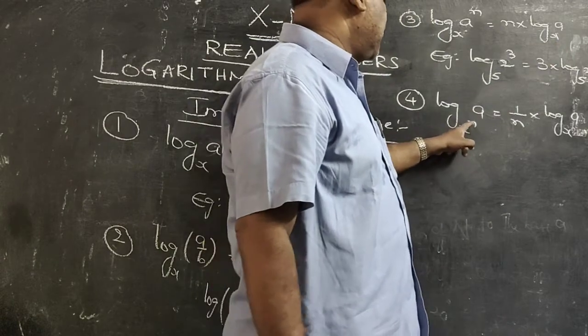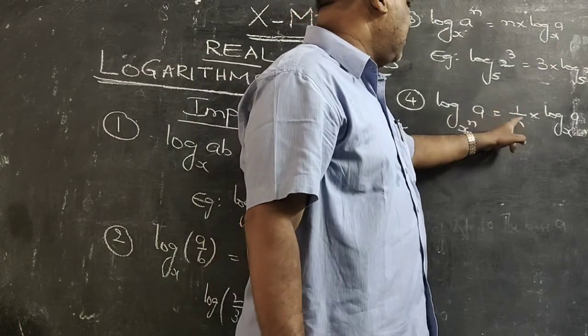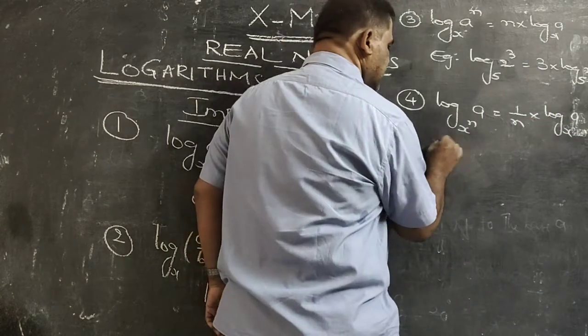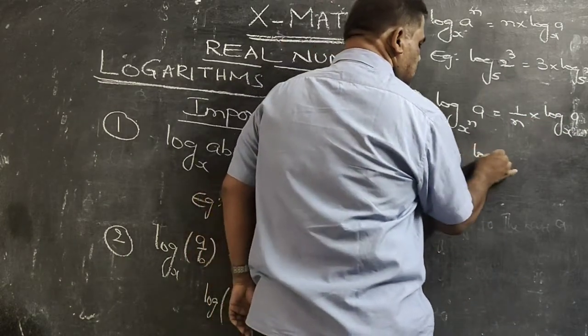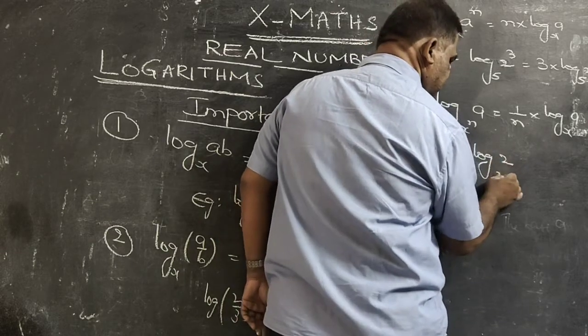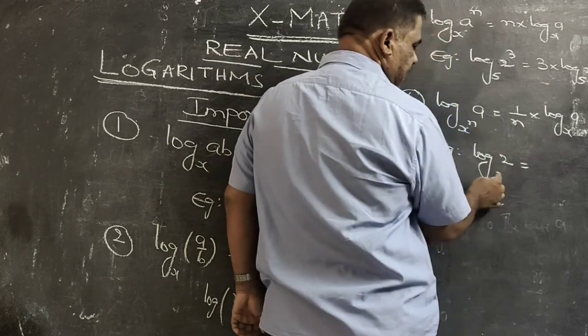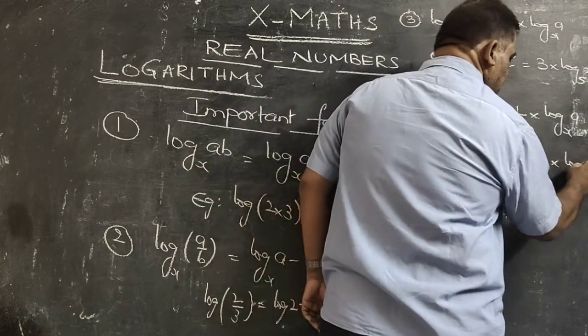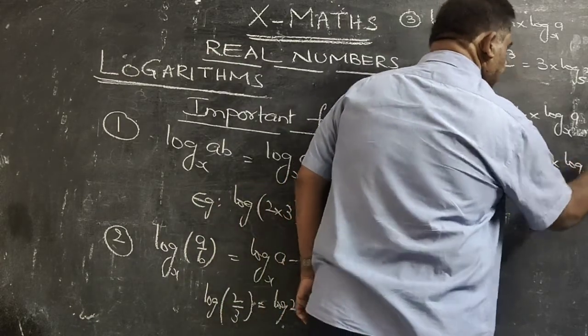If the base has power n, then it comes as 1 by n into log A base x. For example, log 2, base is 5 cube. If the base has a power, it comes as 1 by 3 into log 2 base 5.